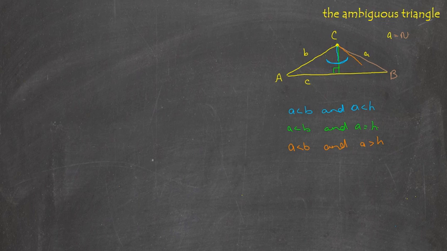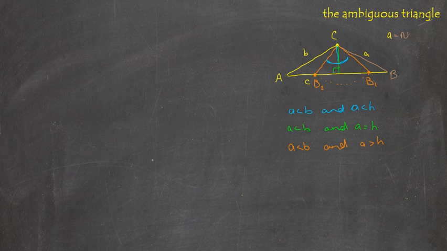You could have an angle B here, that's your case 1B, or it could swing all the way around and actually intersect the line AB here, which would give you the case 2.